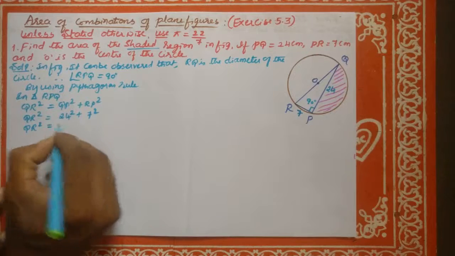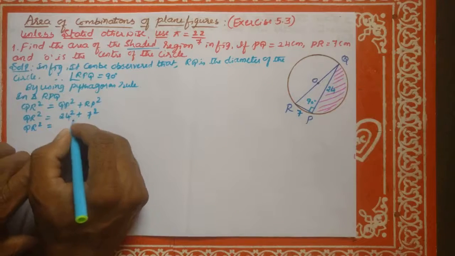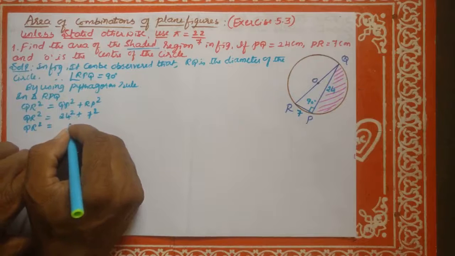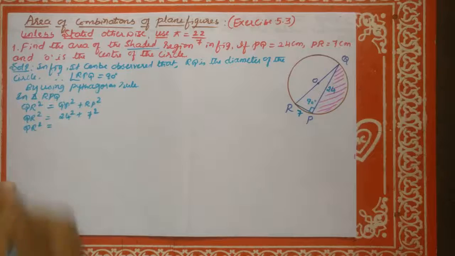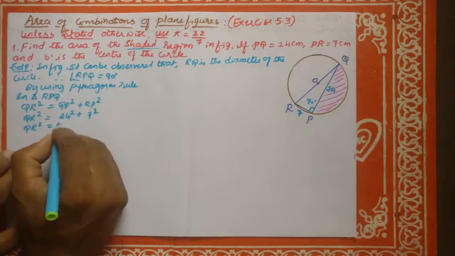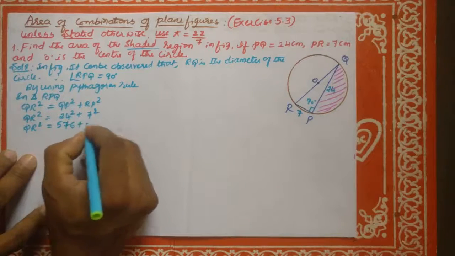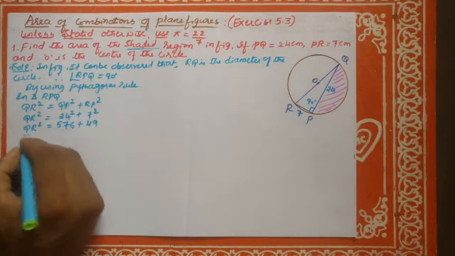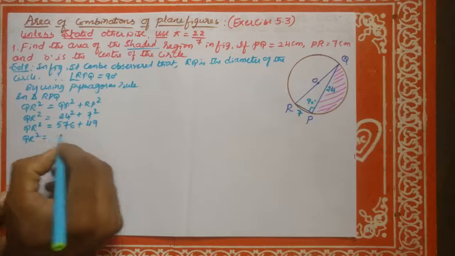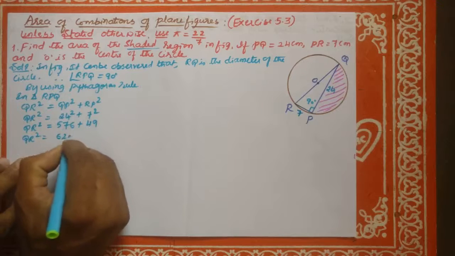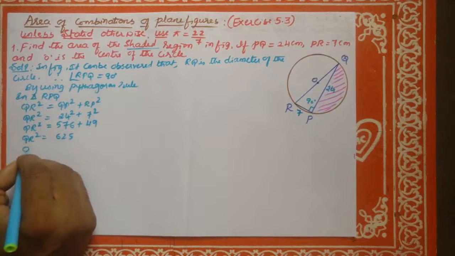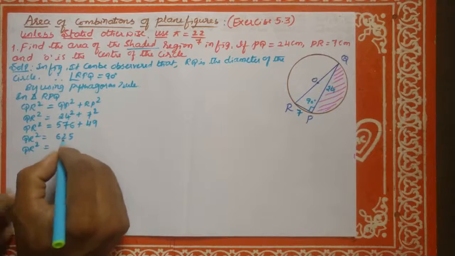24 square is equal to 576, plus 7 square is equal to 49. Therefore QR square is equal to 576 plus 49, which is 625.